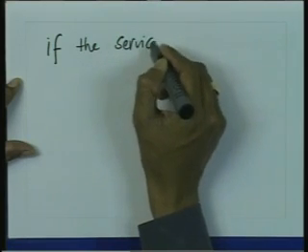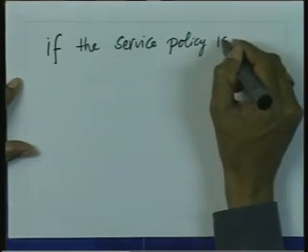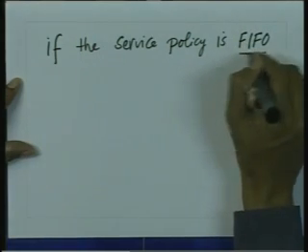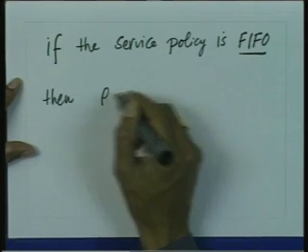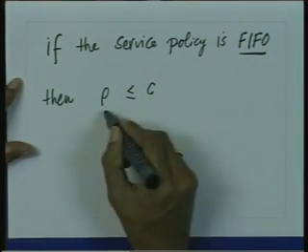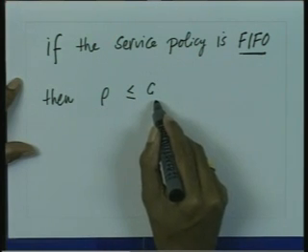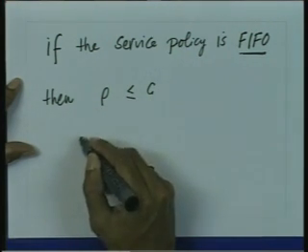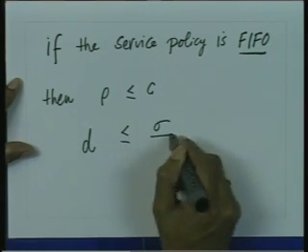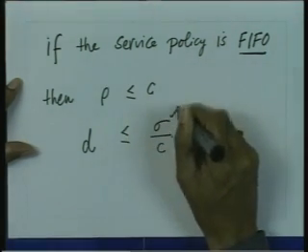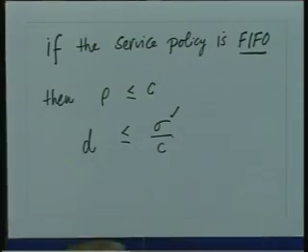For the FIFO scheduler, we can show that if the service policy is FIFO, that is first in first out, and rho is less than or equal to C. Now, in this case the rho being strictly less than C is not required, rho can be less than or equal, then the maximum delay will be less than or equal to sigma upon C. This is because the maximum queue length happens to be sigma, and the packets are being served in the first in first out manner.